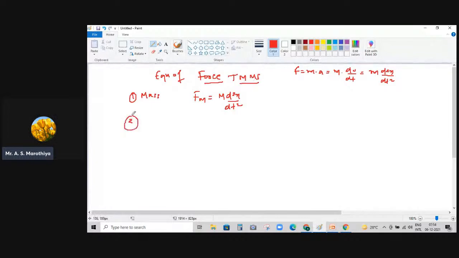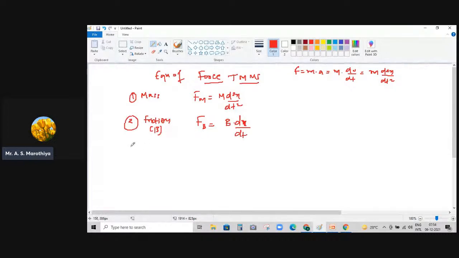This indicates the force component offered by mass in case of translatory motion type mechanical system. In the same way, the force component offered by friction or damping coefficient, indicated by symbol B, is given by Fb equal to B times dx by dt. This is very important.